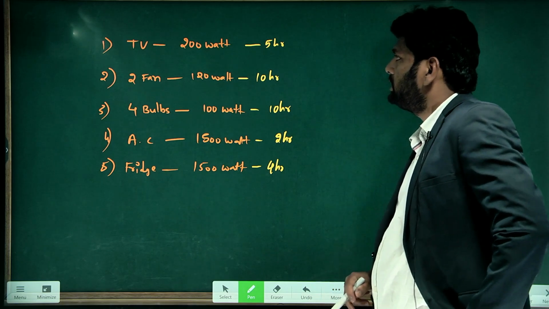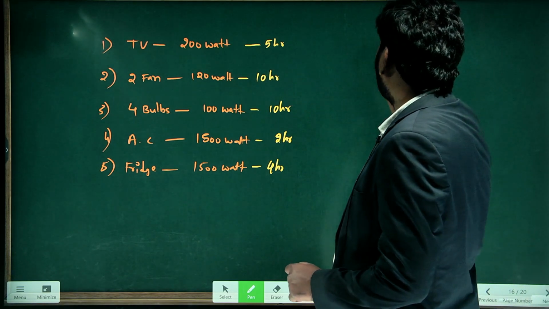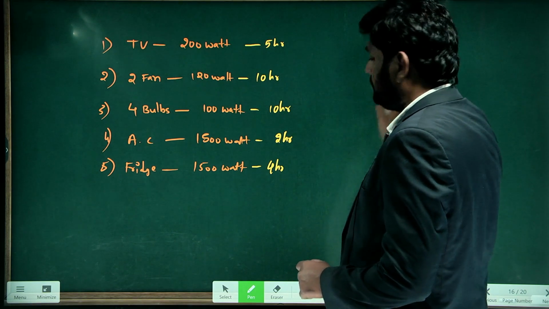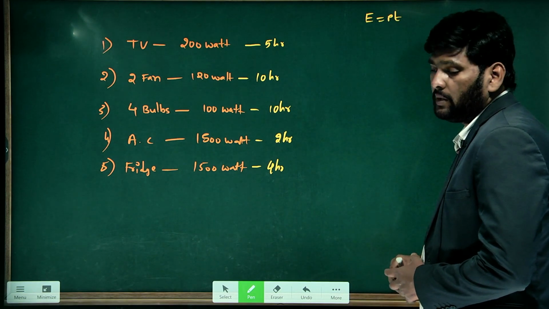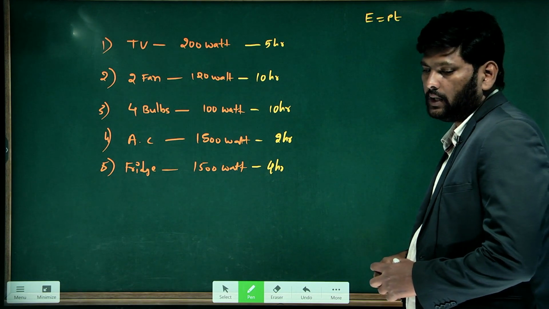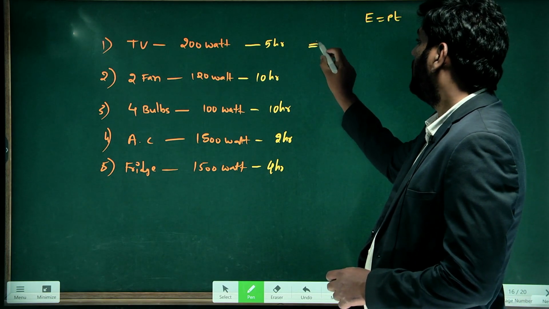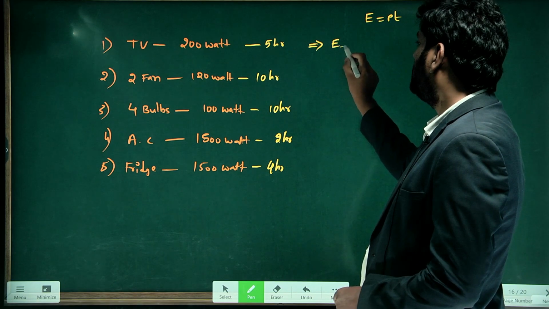Now first of all, the formula for energy consumption: energy is equal to power into time. But the power must be in kilowatt, and time must be in hours. So first calculate the energy consumed by the TV.